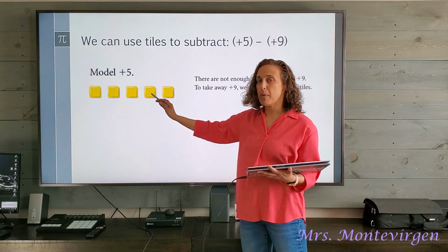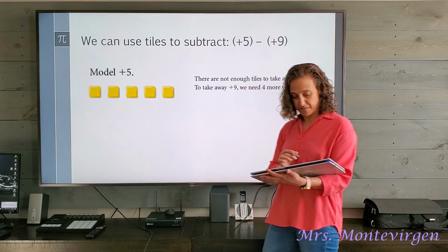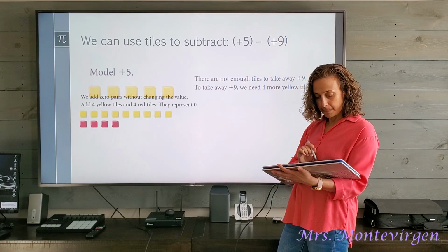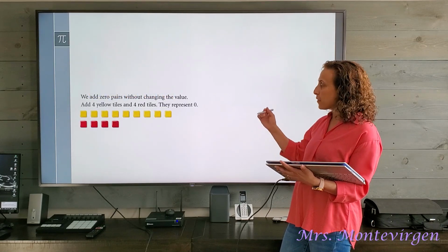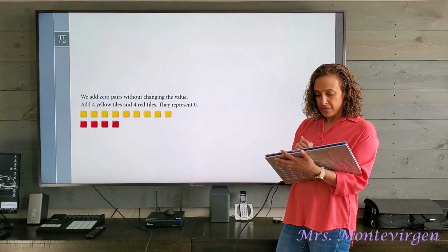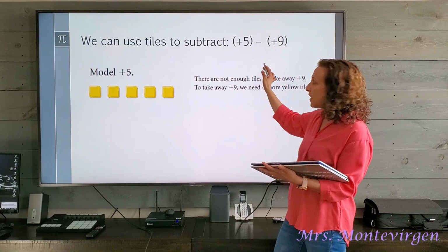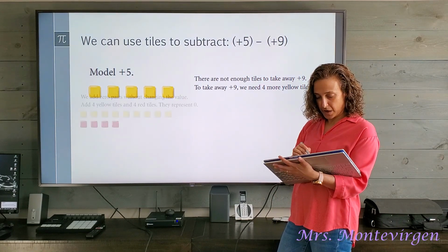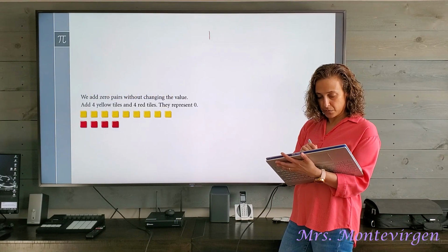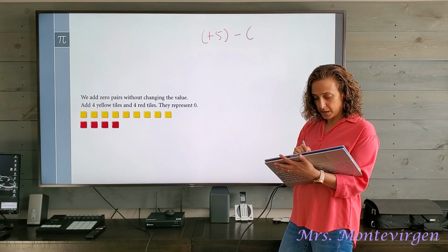Now, I want you to remember something. You only see 5 tiles here. Remember that very carefully. Okay, now, for me to be able to take away 9, because remember, that original question, if we go back, was +5, take away +9. I'm going to write it here so that way we remember. +5, take away +9.